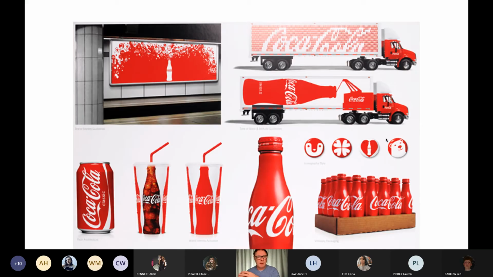In the same way that, say, Coca-Cola used red, they use it in different ways, but it's still consistent across its various platforms. So the red of Coca-Cola is actually the tool, and that tool then becomes the code for the rest of the campaign.